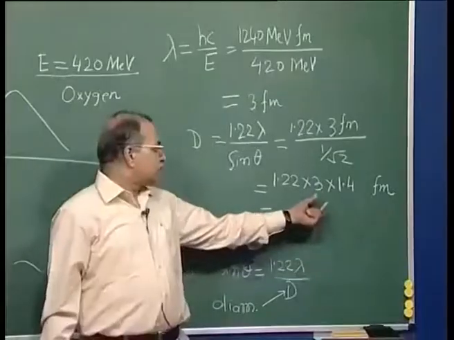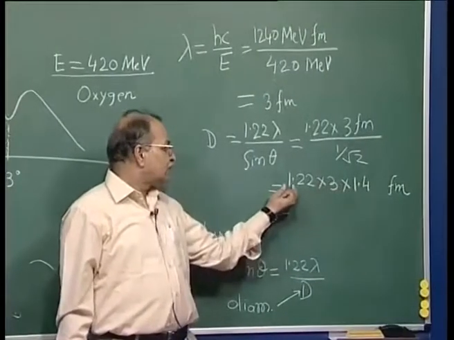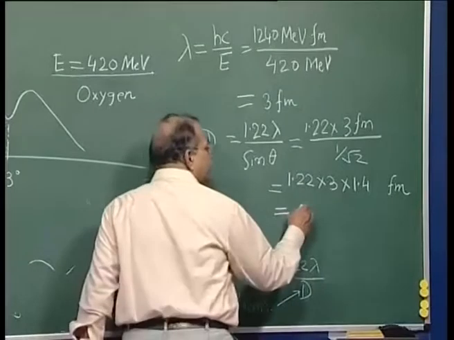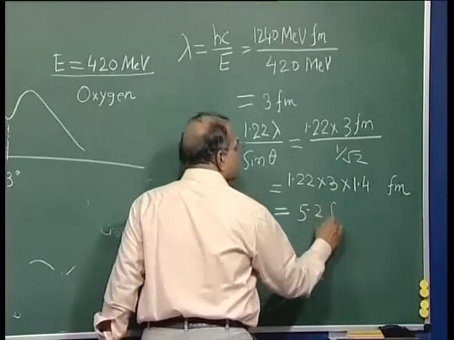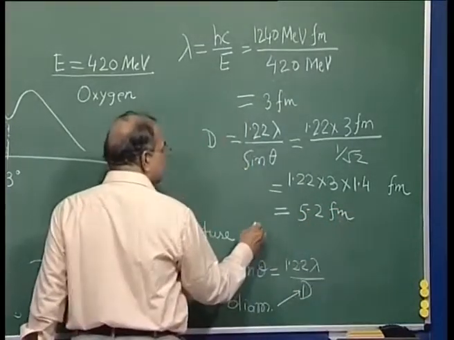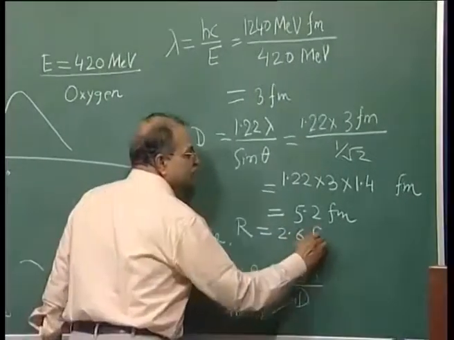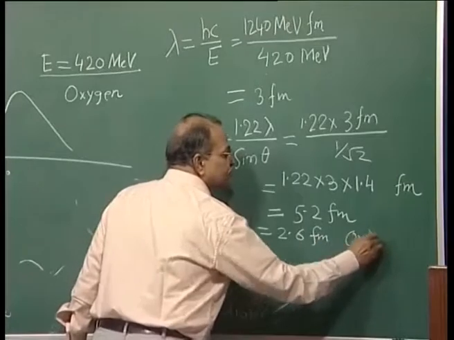Now, make a calculation, 4.2 here and 0.8 here, it will be around 5.2 femtometers. This is the diameter and the radius is 2.6 femtometers. This is for oxygen nucleus.